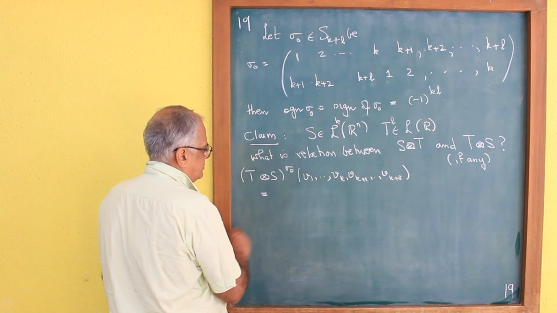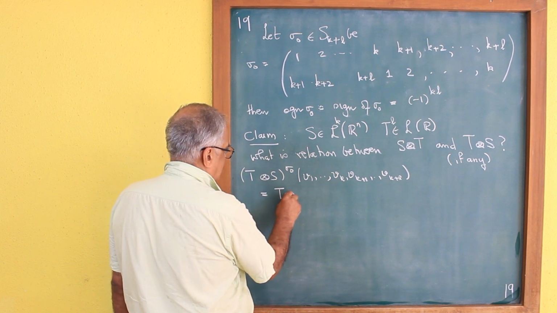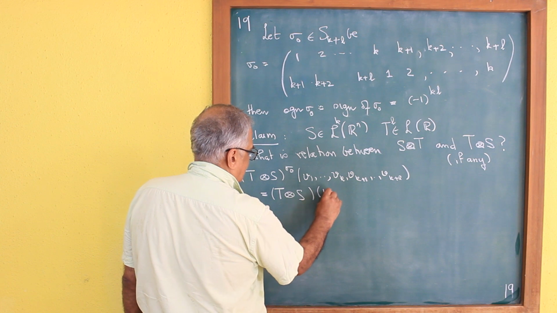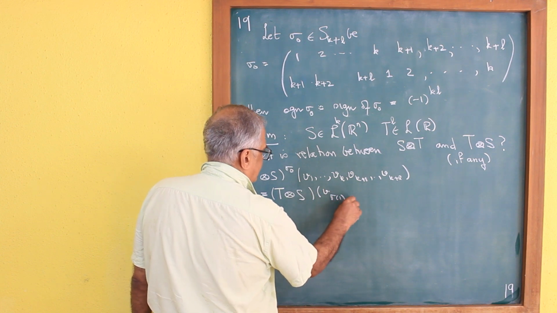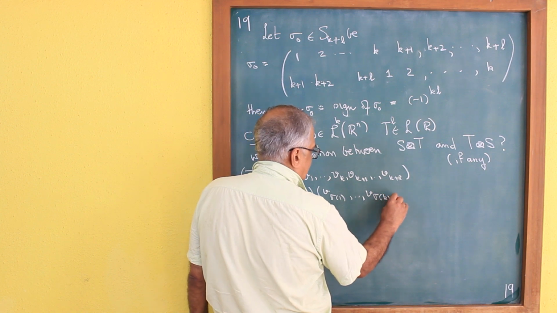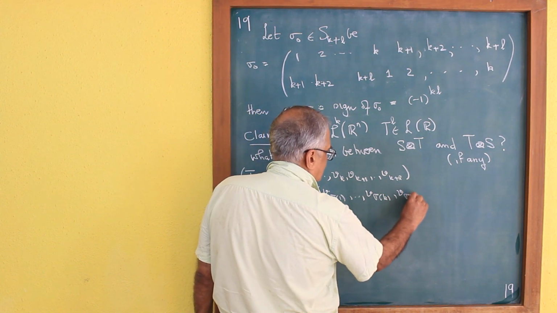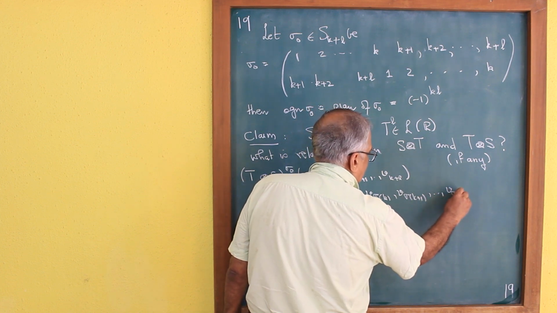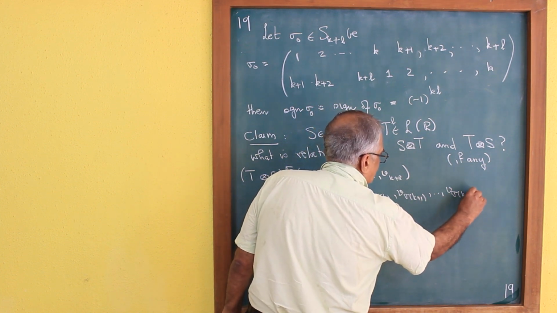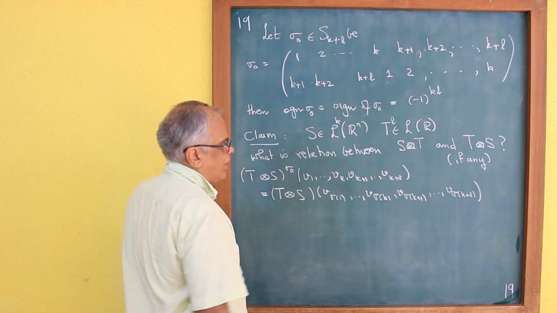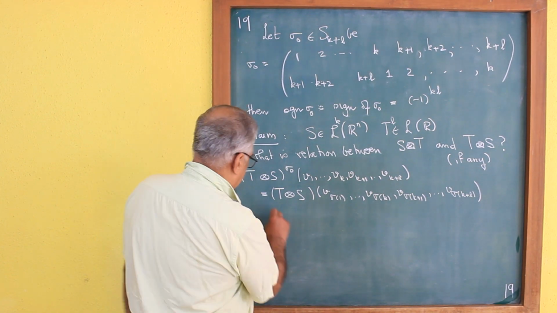This is equal to T tensor S of V of sigma 1, and so on. Now what does sigma do to 1 to k plus L?